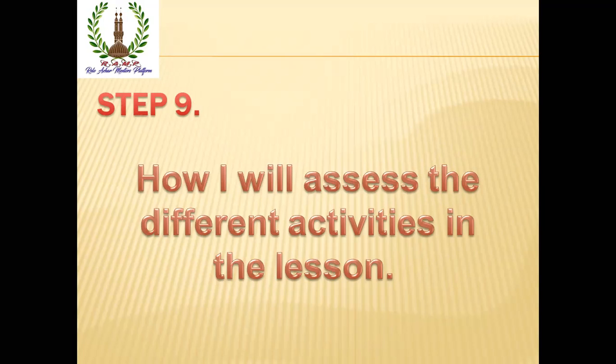So I should keep in mind what I want to assess, so as not to get lost in the students' other mistakes, since we will not benefit from finding every mistake in the lesson. We should focus on one thing that we want to assess depending on the objective of the lesson.